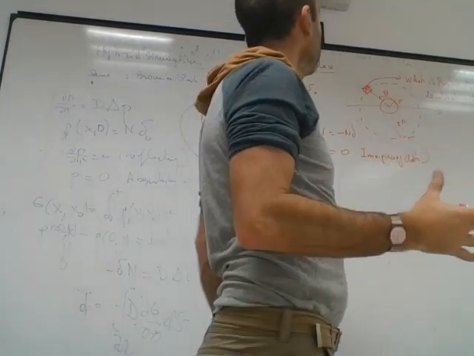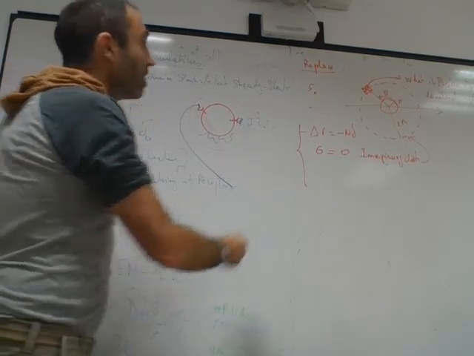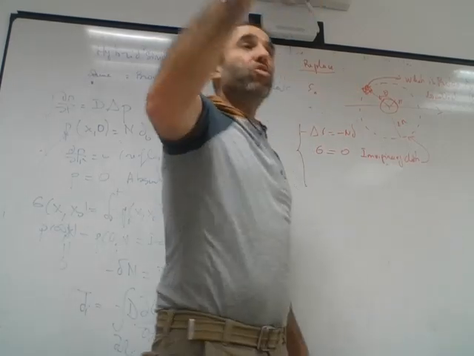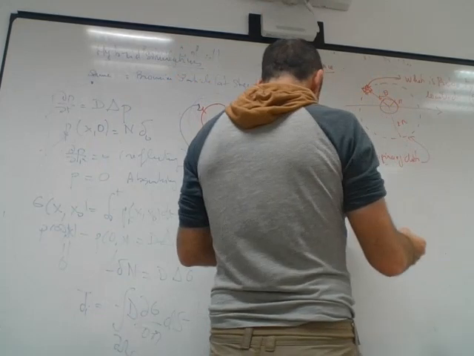What's the probability? Well, this is what I described to you. Let's look at the flux here divided by the flux everywhere, and the ratio gives you the probability. So that's exactly what you need to calculate.